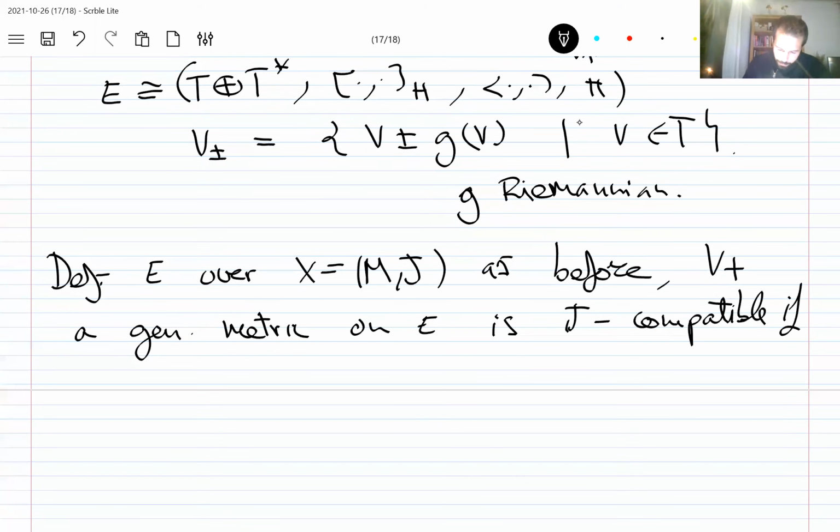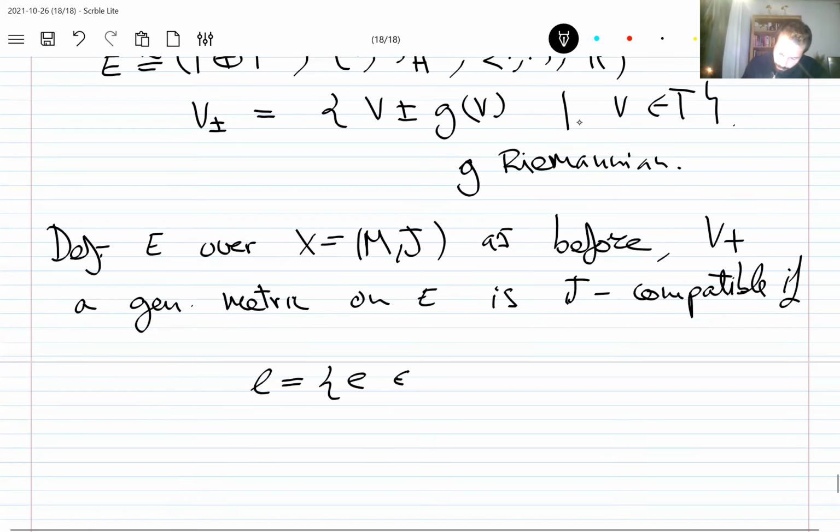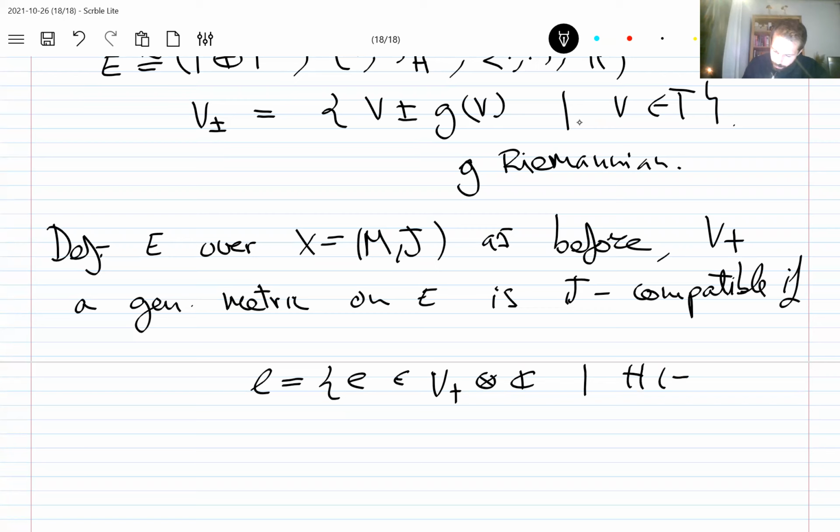L, defined as the set of elements in B plus complexified which project to the tangent 0,1 via the anchor map.